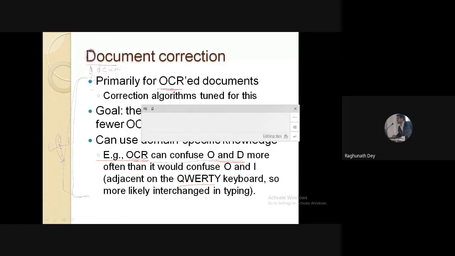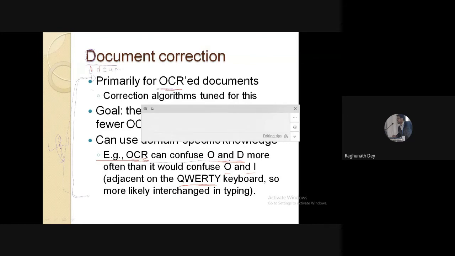Similarly, when you are typing text with the help of a QWERTY keyboard, our laptop keyboard, you may confuse O and I, because just look at the keyboard of your laptop: I and O are very close.